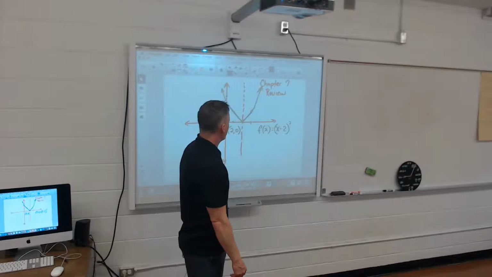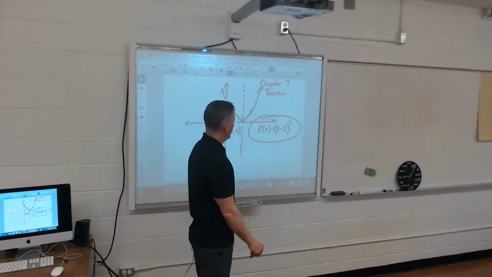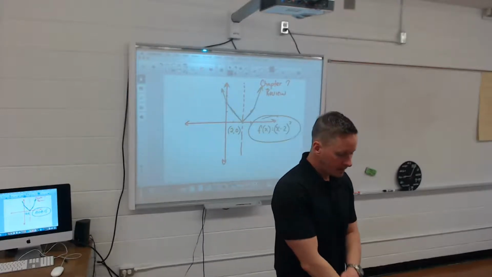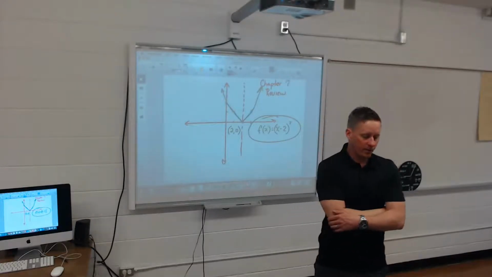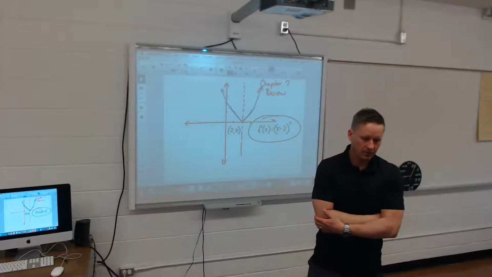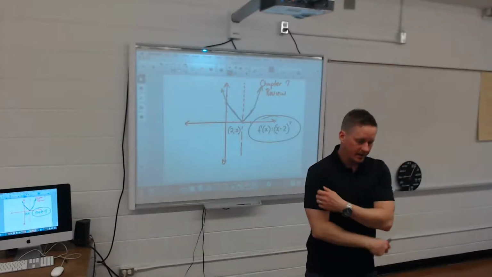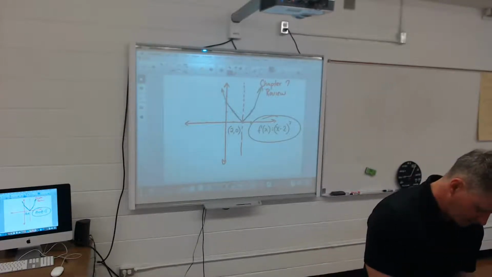All right? So I think that the original equation is f of x equals (x - 2) squared. Because we haven't done absolute value graphs with the reciprocal function, we can leave it as a parabola, and I think that would be the answer. I'll check the back of the book, but that's kind of what I think it would be.